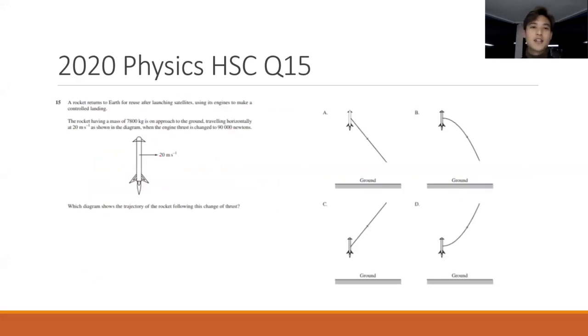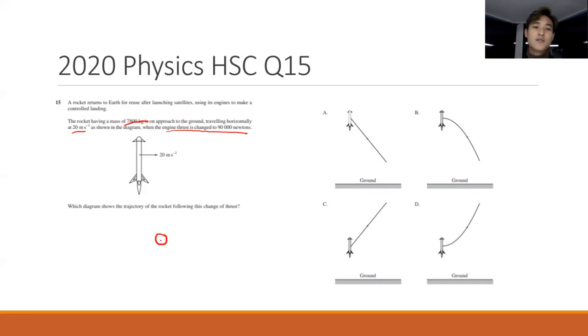So moving on to the next question, we have a rocket with a mass of 7,800 kilograms traveling at 20 meters per second across, and its engine thrust is 90,000 newtons. So the object of interest is our rocket.